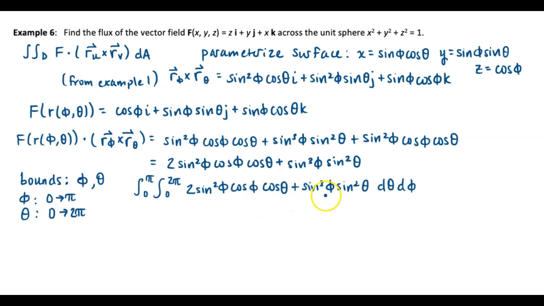Now because I see a plus in both of these terms, and we have a lot going on, I'm going to separate this into two different sets of integrals.